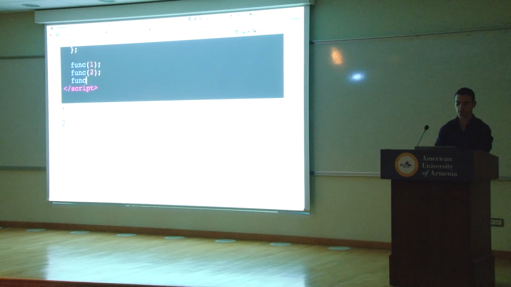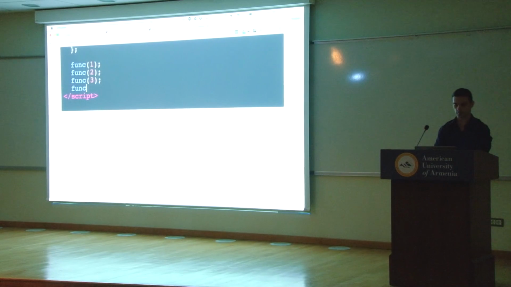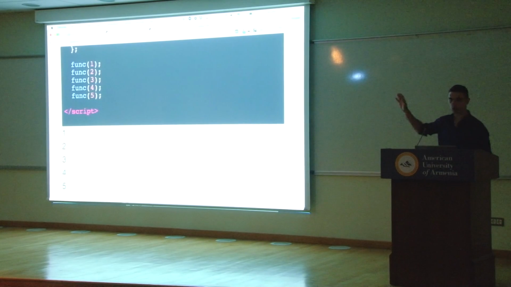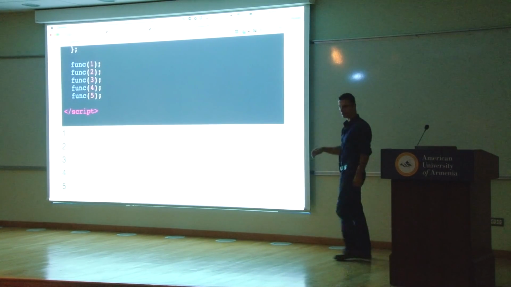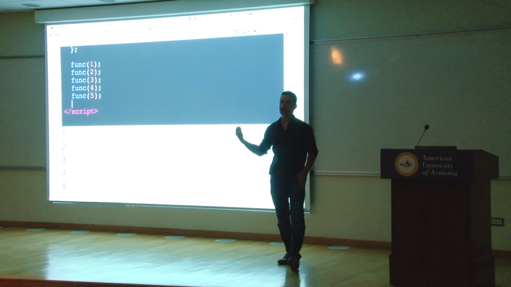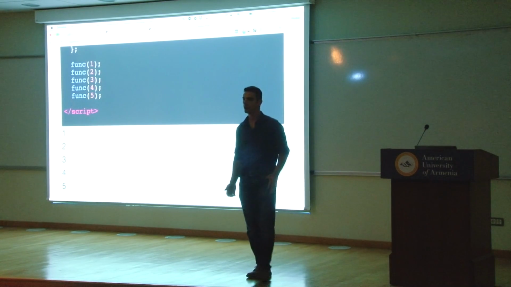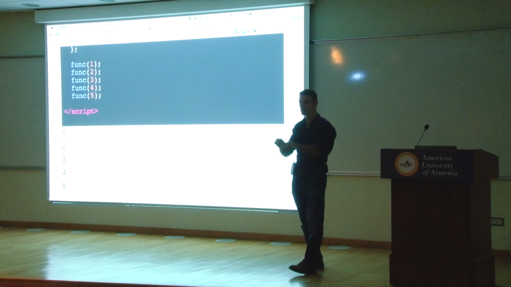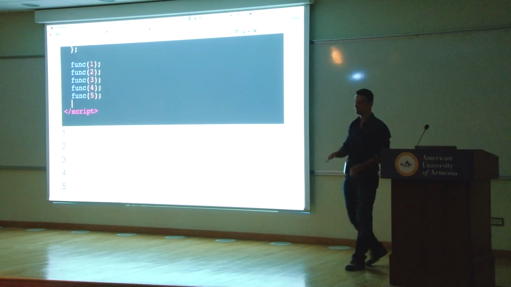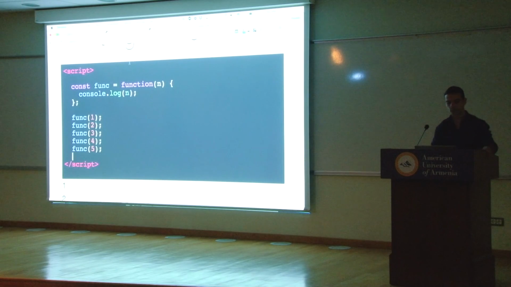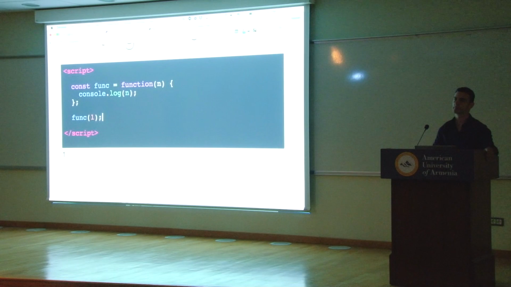And then I can just keep calling func 3, func 4, func 5, all the way until I get to 10, right? But that's not a great way. That's a lot of code. Suppose I then asked you to go to 100 or maybe more. You can imagine this doesn't scale. You can't just sit there and type, right? So what's a smarter way to do this? Well, one way is to just call the function one time, like that.